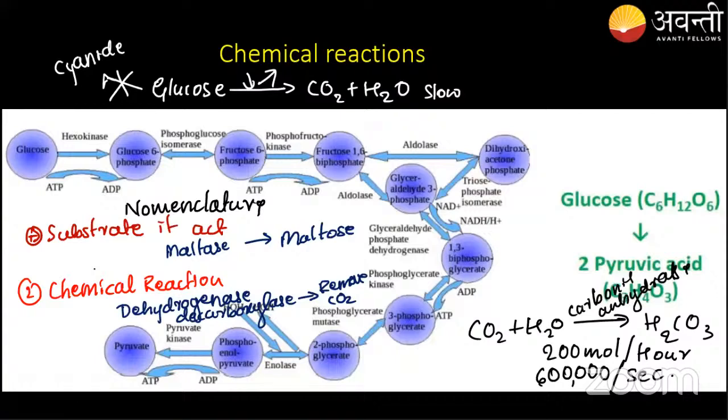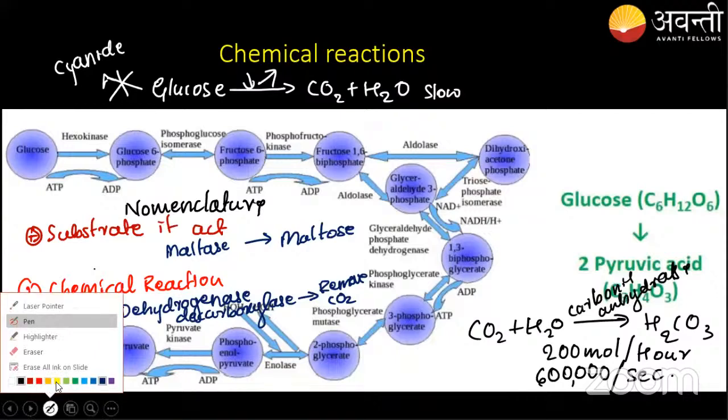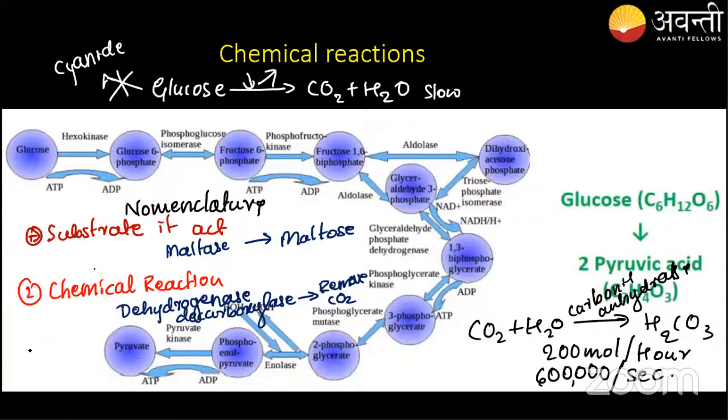But remember, whenever we give the name, one important thing is the suffix we add. What suffix do we normally add? The suffix is normally -ase. I'm writing it in bold, but just imagine "ase".